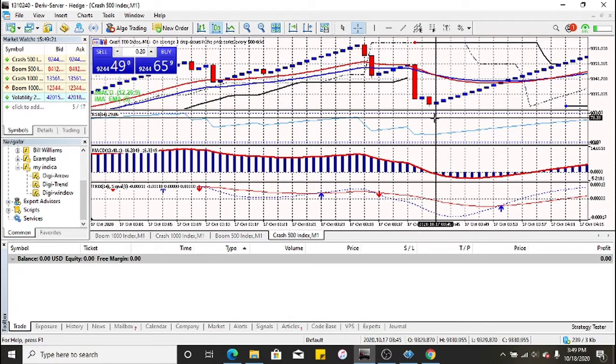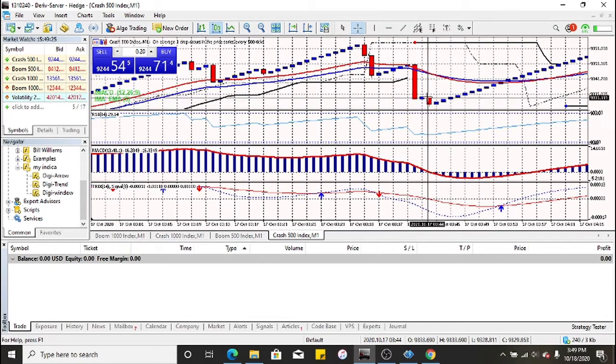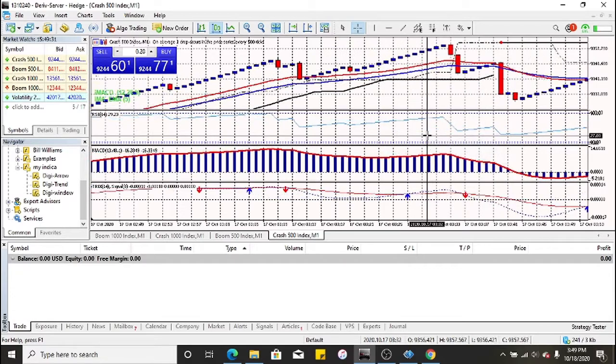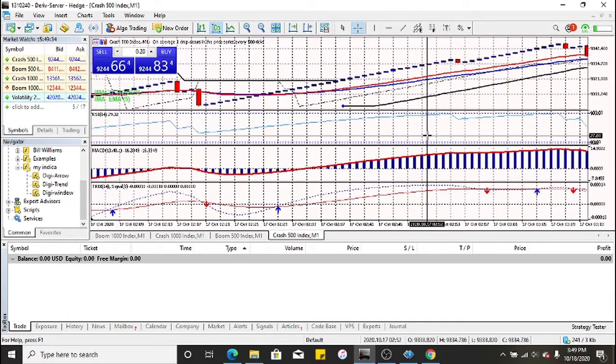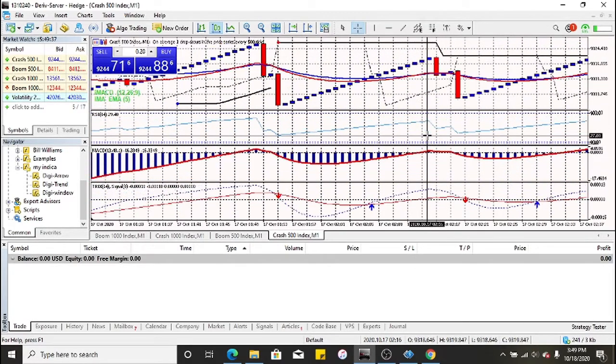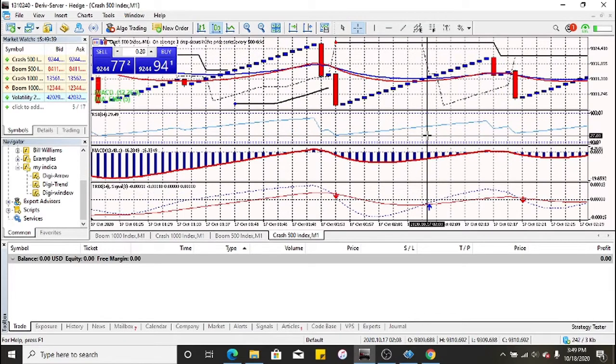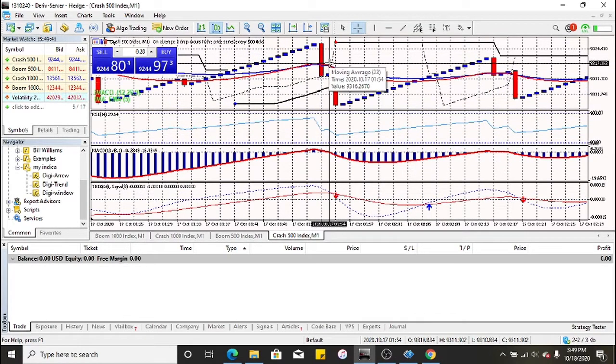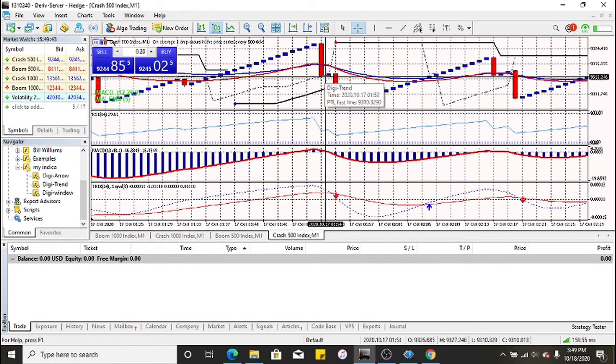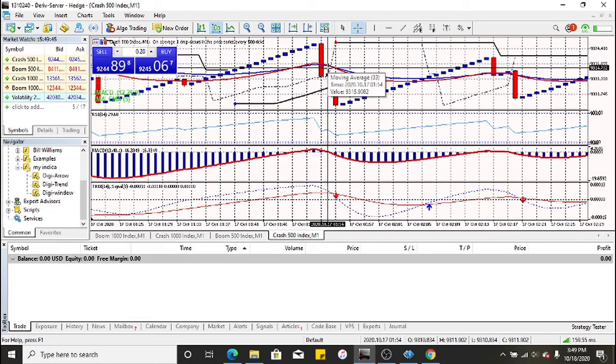Even though you could have captured this one, it's very small, but you could have captured it. Probably you would have entered here and captured this one. It was about turning, so you enter here and then you get your spike.